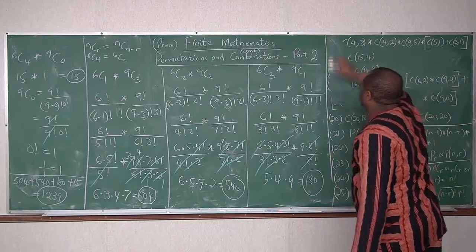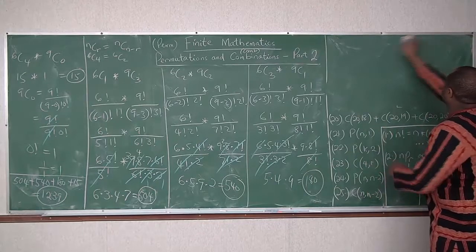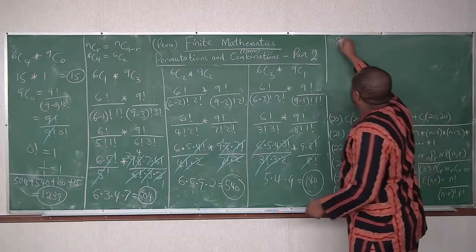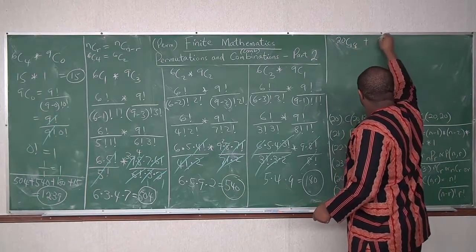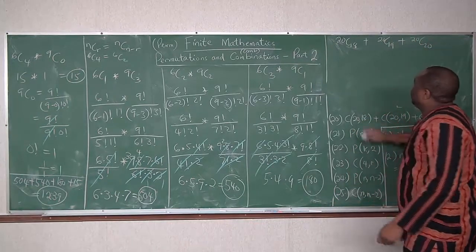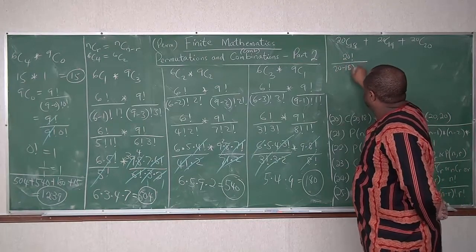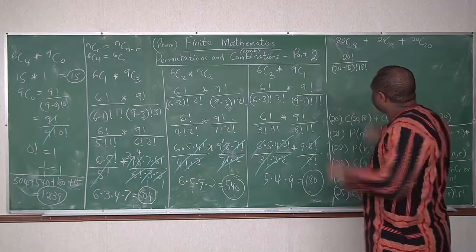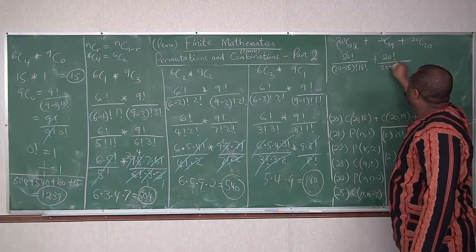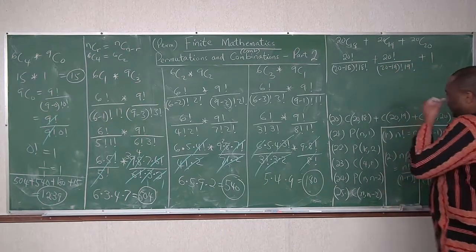All right. Let's do question 20. We're almost getting to the end of this. 20 come 18 plus 20 come 19 plus 20 come 20. 20 come 18 is 20 factorial over 20 minus 18 factorial, 18 factorial, plus 20 factorial over 20 minus 19 factorial, 19 factorial, plus 1.